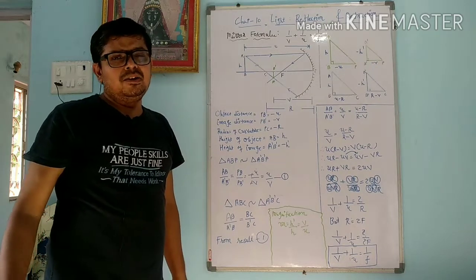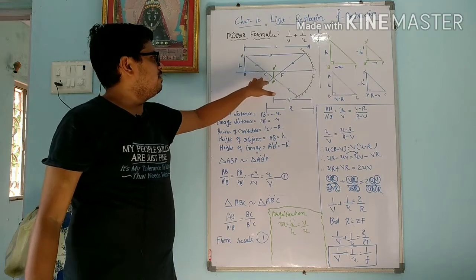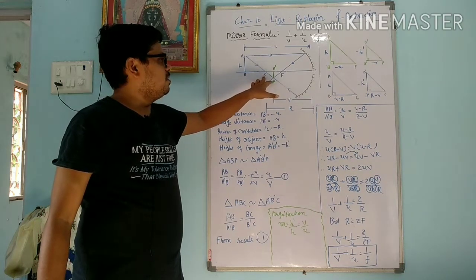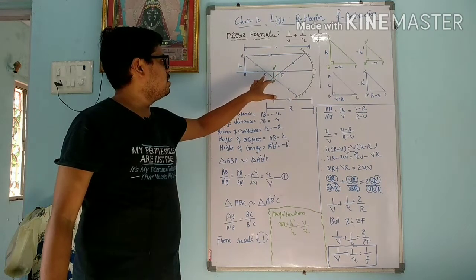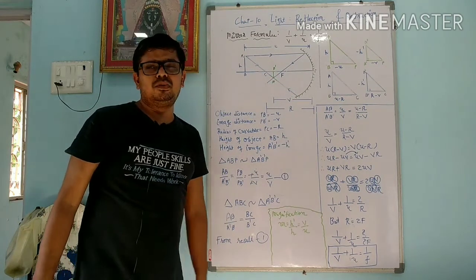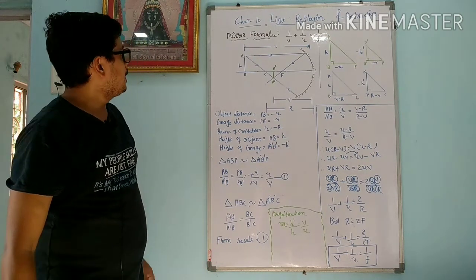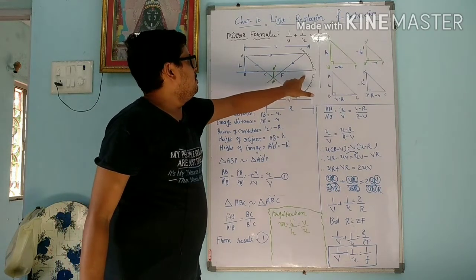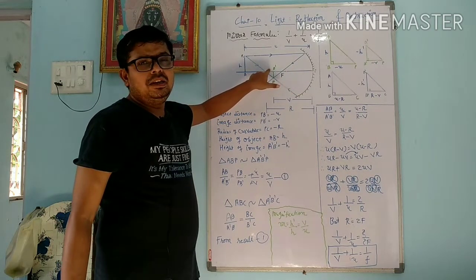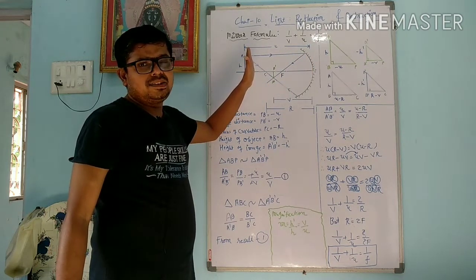Last time we learned, when we keep any object beyond the center of curvature, we get the image between the center of curvature and the principal focus. So we get the image A dash B dash between the center of curvature and principal focus, and that is a diminished, real and inverted image. Now here PB dash becomes the image distance, and that is also on the x dash side, second quadrant.